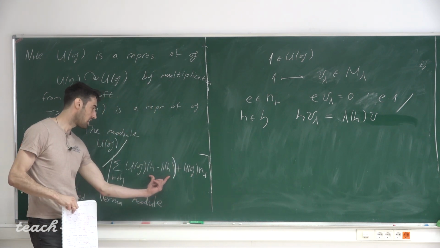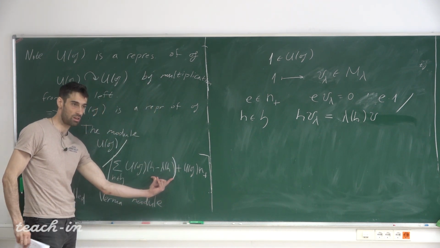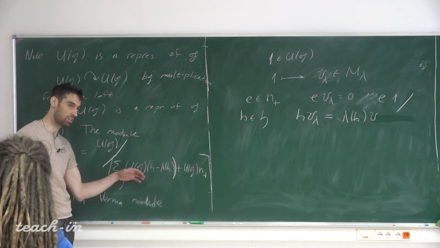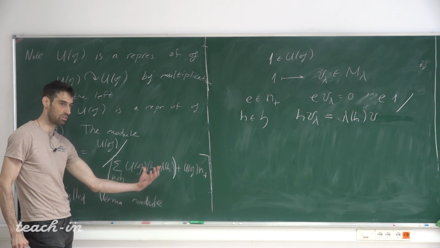Because I claim that all these elements h minus lambda of h, multiplying by whatever from the left, are 0.